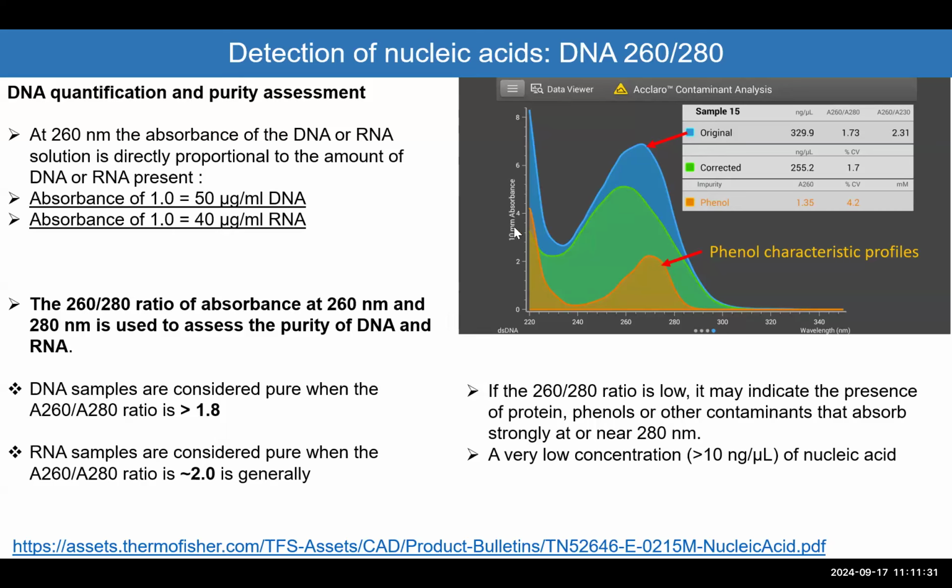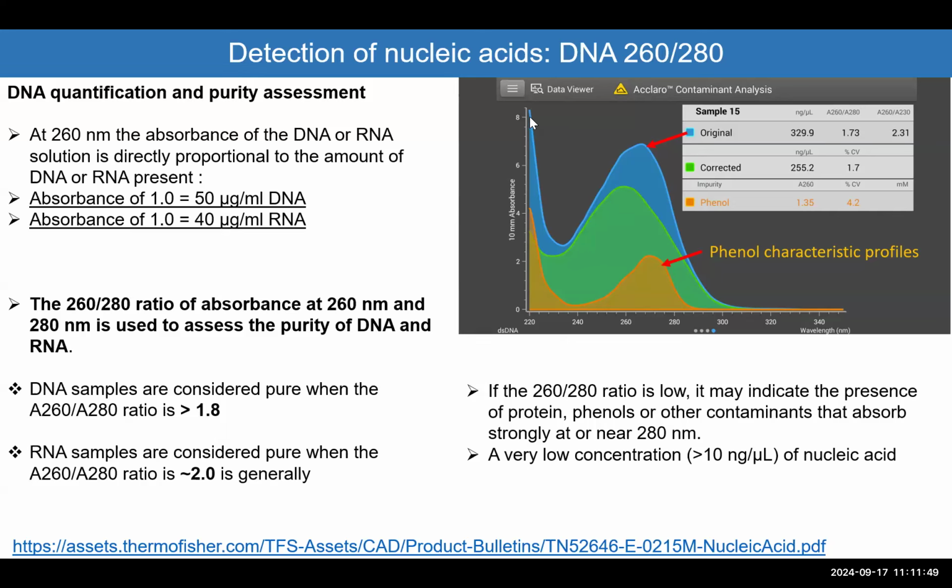You will start with a somewhat high absorbance unit. So you remember that 1 absorbance unit means 50 micrograms per ml for DNA. So in this condition here, you are starting around 4.